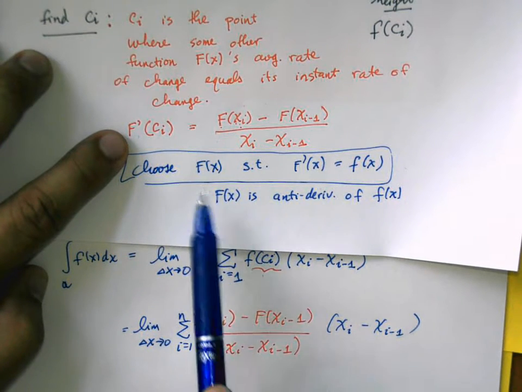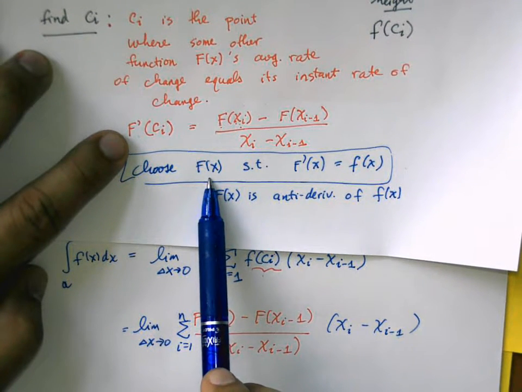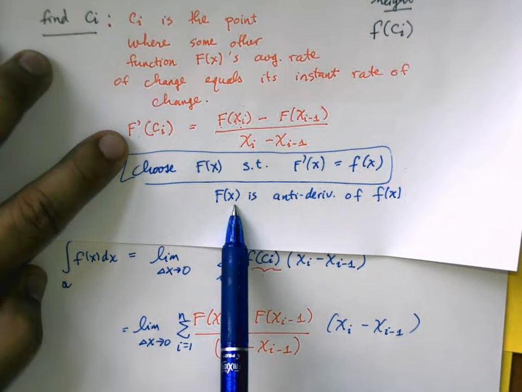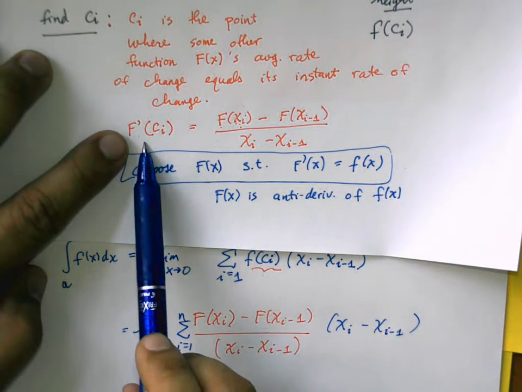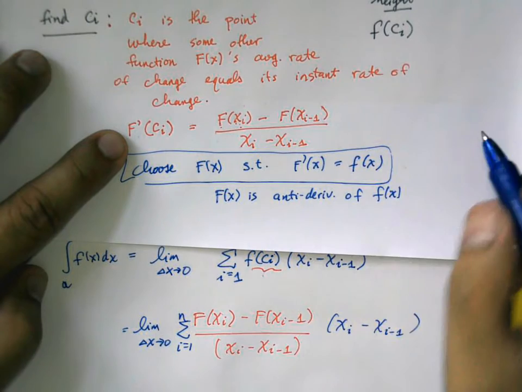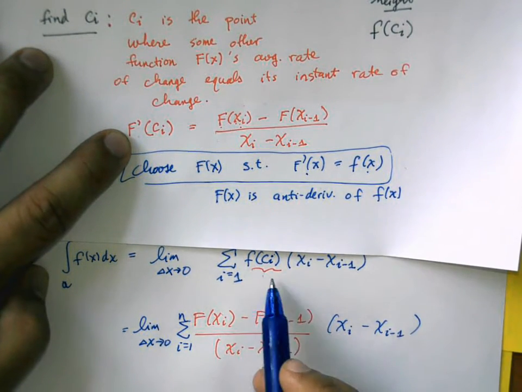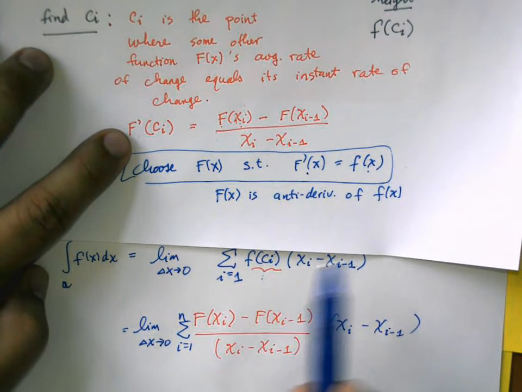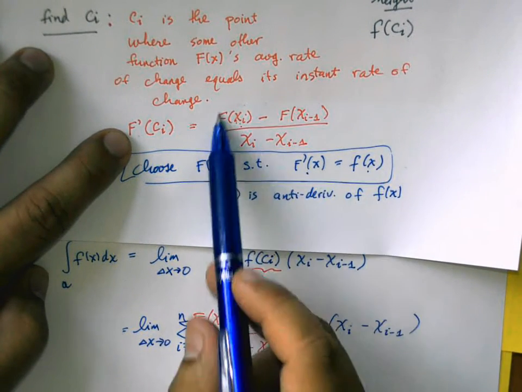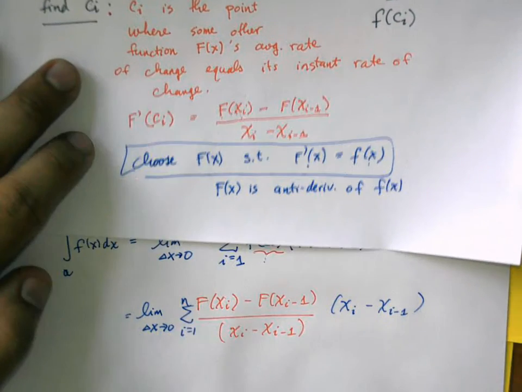But we chose, the key here is we choose big F so that big F is the antiderivative of f. So instead of saying f prime of c sub i, we can just say f of c sub i. So f of c sub i can be replaced with this slope calculation.